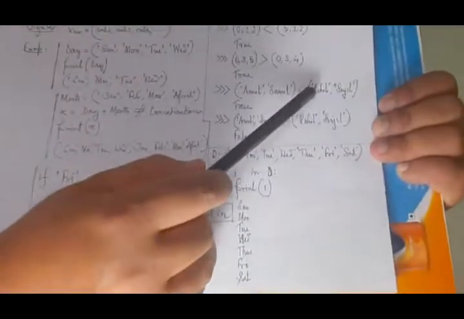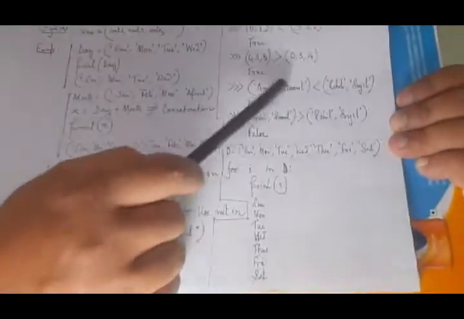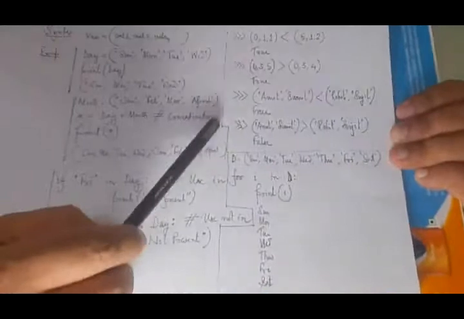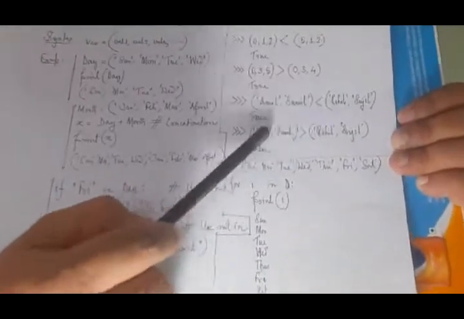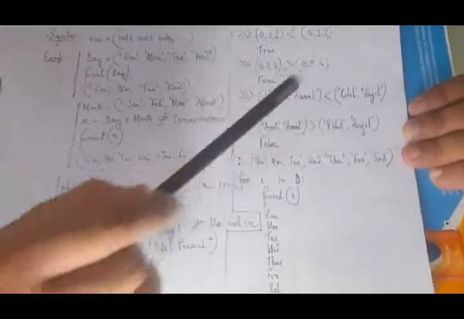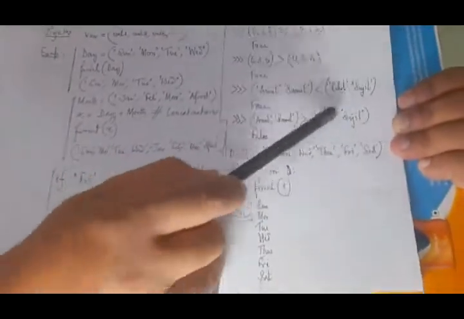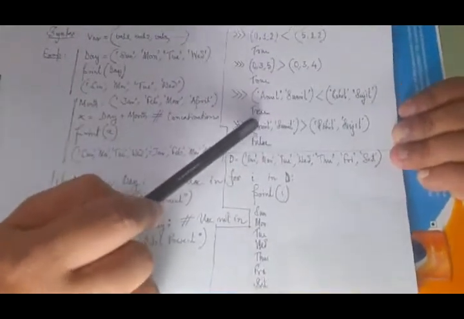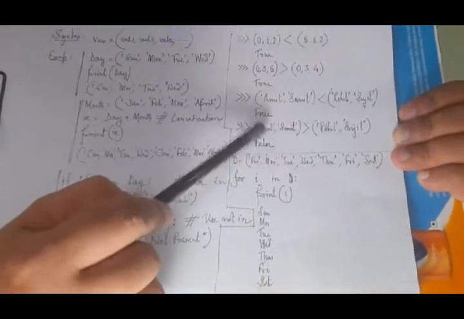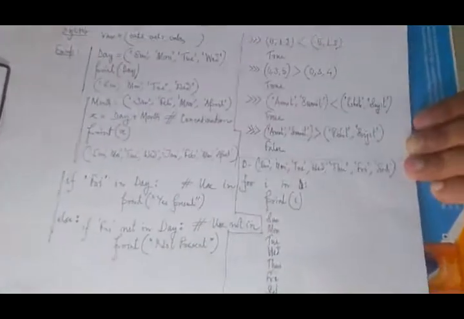So A is less than R, so Amit is less than Rohit. If both are the same, then the second will be compared. Similarly, Amit, Sumit is one set, another is Rohit, Sujit. Is it greater than? No, it is not greater than. Amit is in ascending order, Amit is at the top. So it is false. Clear? This way, you can compare tuples.